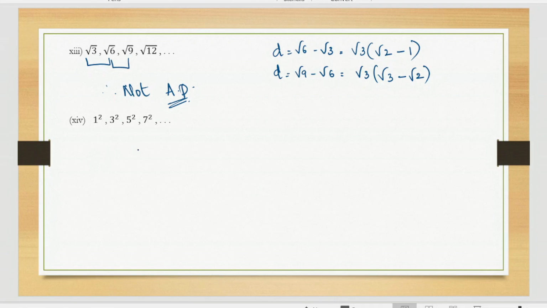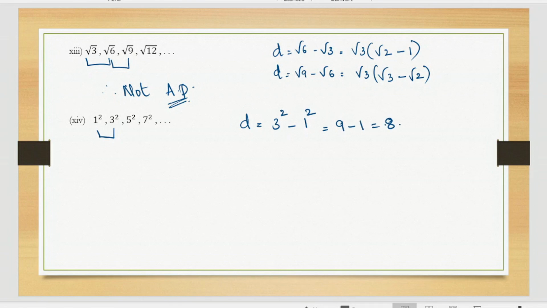So let us solve the next question. 1 square, 3 square, 5 square and 7 square. First let us find the common difference and see if this forms an AP. The common difference between the second and first, that is 3 square minus 1 square. 3 square is 9 minus 1 is 8.